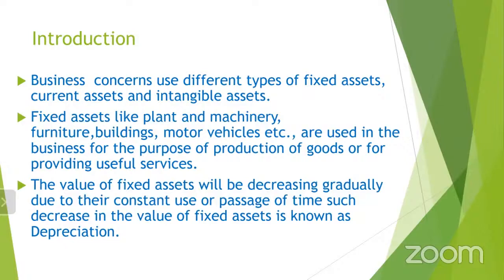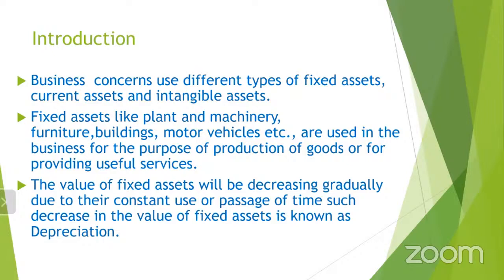Every business concern uses different types of assets: fixed assets, current assets, and intangible assets. Fixed assets like plant and machinery, furniture, buildings, and motor vehicles are used in the business for the production of goods or for providing useful services. The value of fixed assets decreases gradually due to constant use or passage of time.